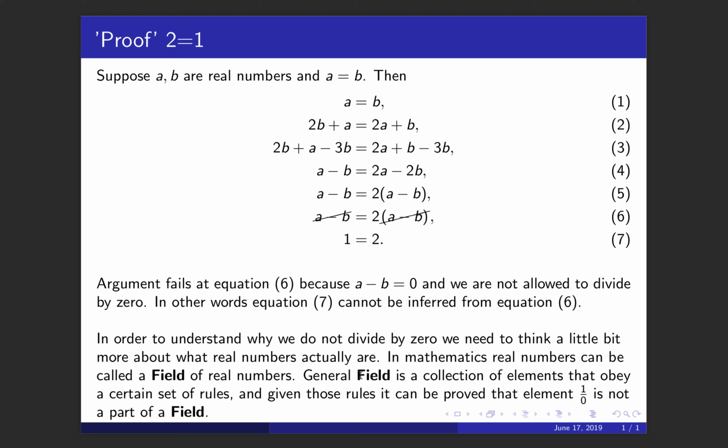So if you think about it, 0 has a very unique property: anything you multiply 0 by gives you back 0, right? And one of the requirements of having a field is that 0 needs to be a member of the field.